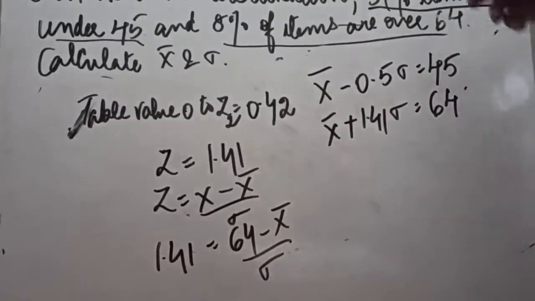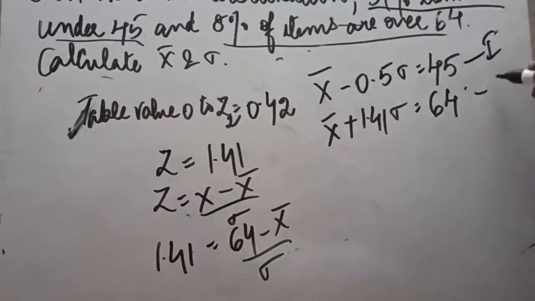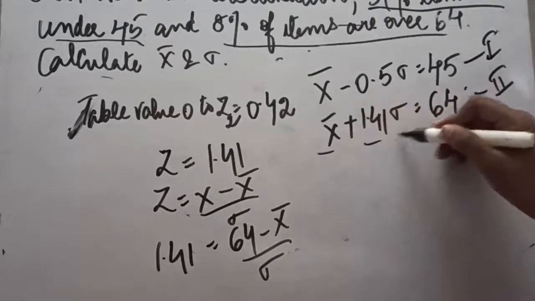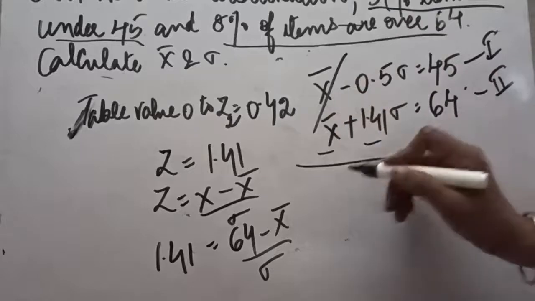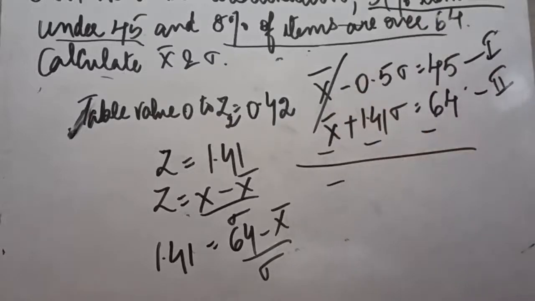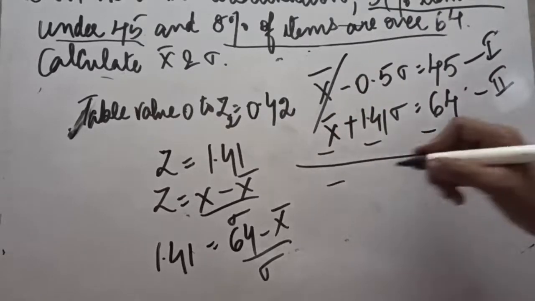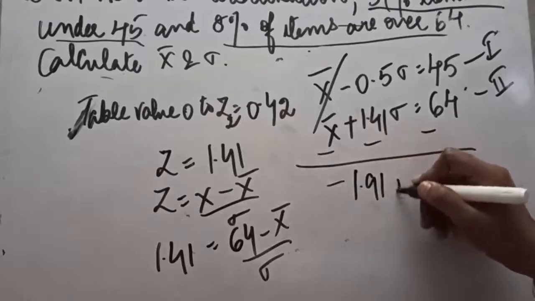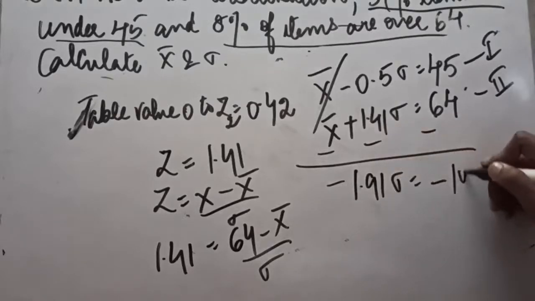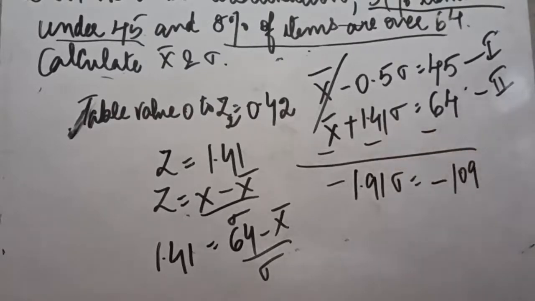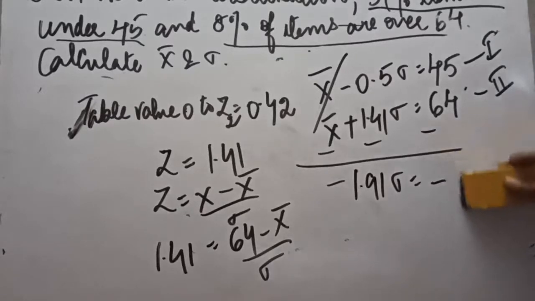Now from these two lines we have got two equations. Now we can equate them. 1 minus 2 we can do, first equation, second equation. If we do 1 minus 2, the signs will be changed. So this will be 1.41 plus 0.5, 1.91 standard deviation is equal to, sorry, this will not be 109.